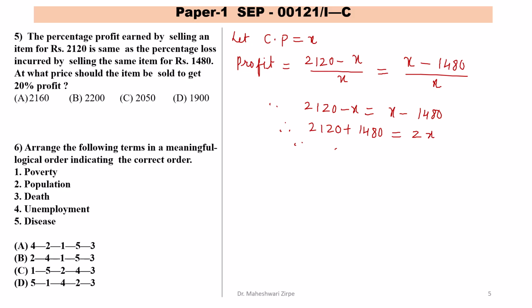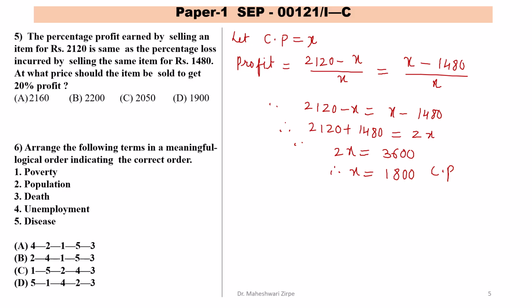Therefore 2X equals 3600, so X equals 1800. So 1800 is your cost price, because we had considered X as the cost price.